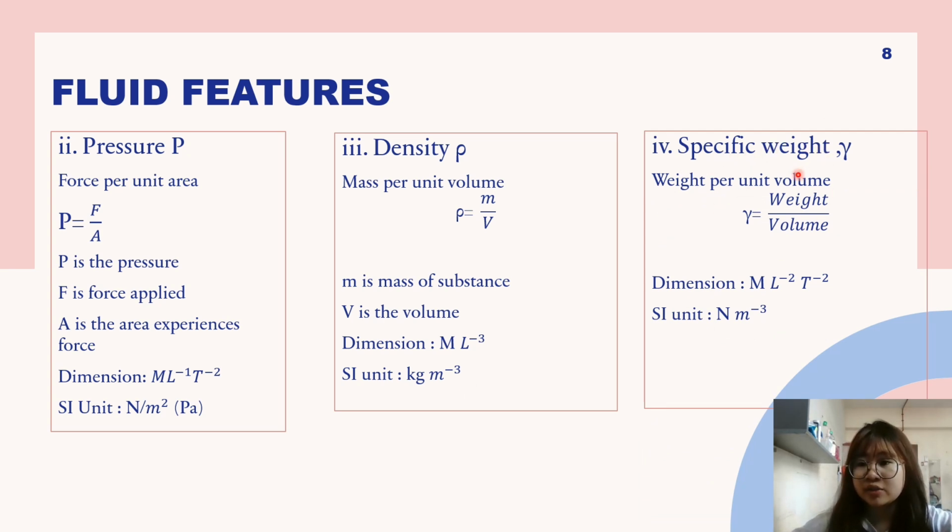Specific weight, with the symbol gamma, is weight per unit volume, and the formula is gamma equals weight per unit volume. Dimensions are M for mass, L for length to the power of -2, T for time to the power of -2. SI unit will be written as Newton per m cubed.